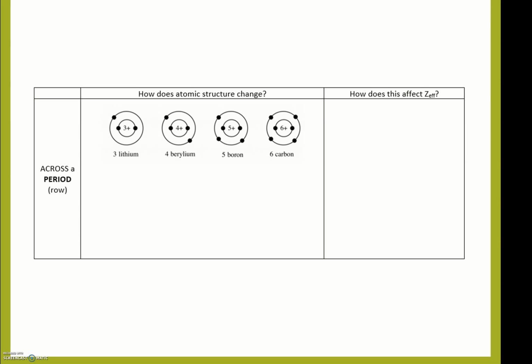According to the POGIL assignment, the more protons there are in the nucleus, the greater the effective nuclear charge, right? So we would predict that carbon will have a stronger pull on its valence electrons than lithium, even though both of them have the same number of energy levels. Carbon has a greater effective nuclear charge.